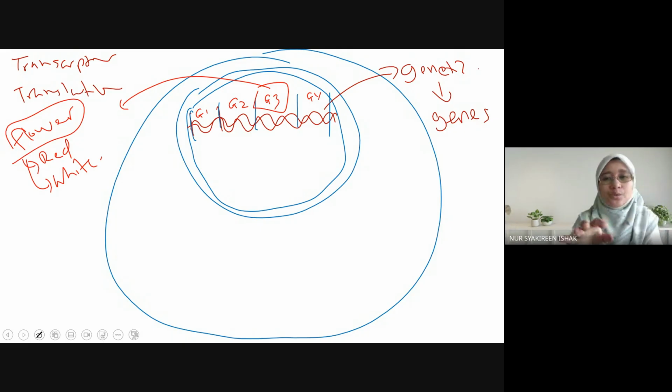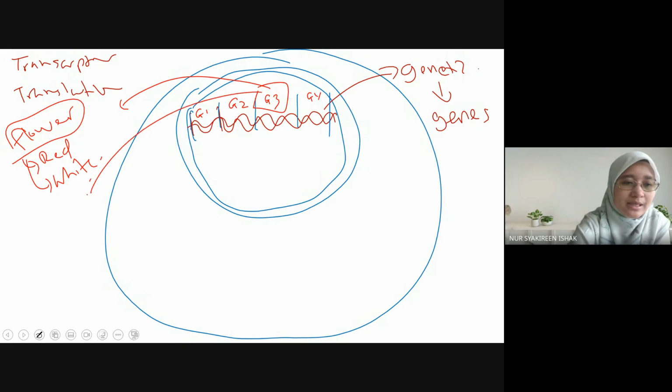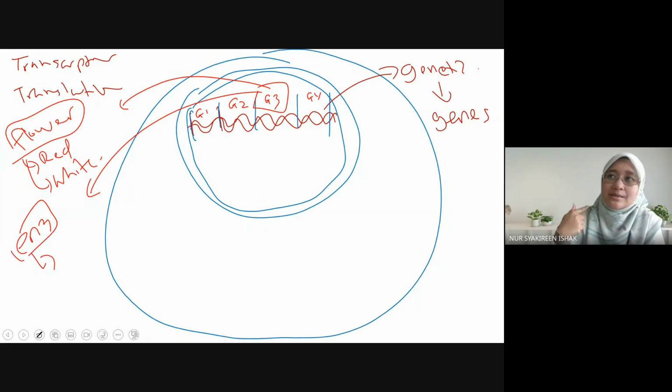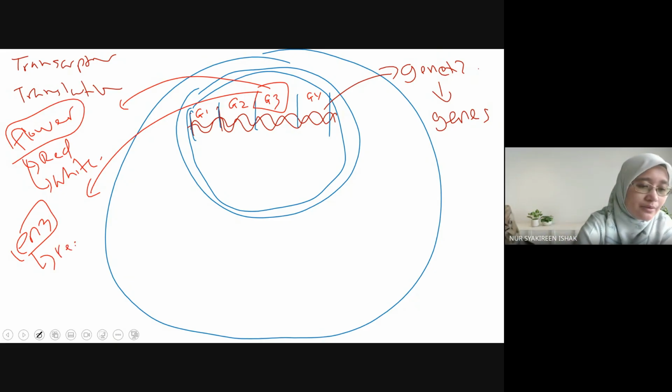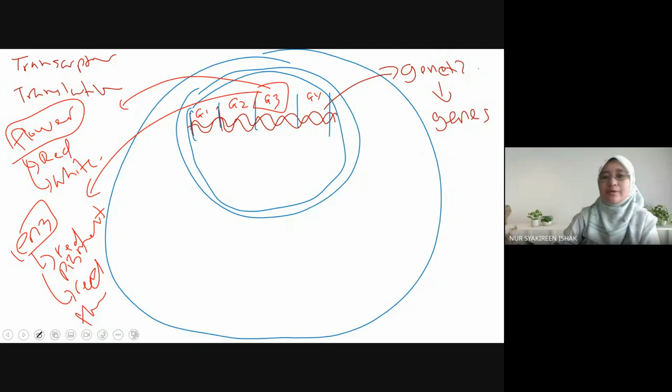The third gene here stores the information to synthesize an enzyme that is involved in the process leading to the synthesis of red pigment in the flower petal, which produces a red flower.